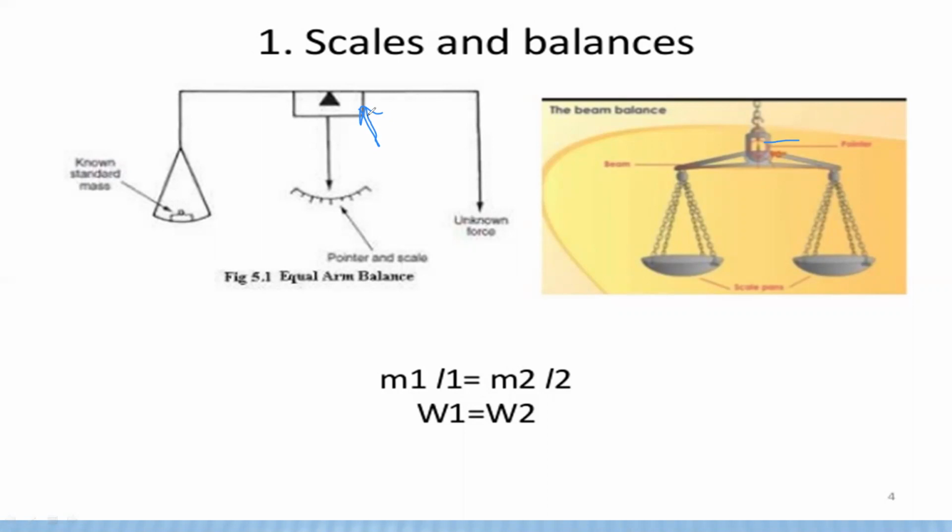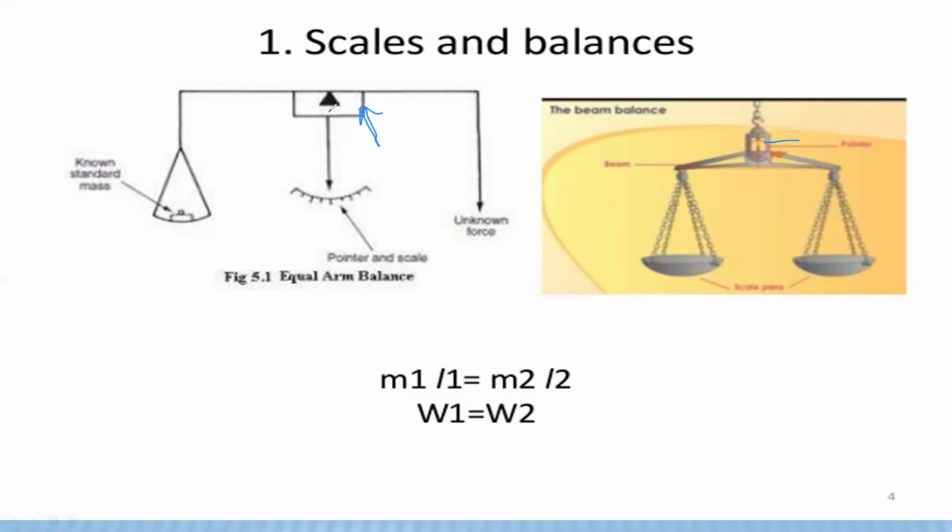You can see attached to the center of the beam is a pointer which points vertically downwards when the beam is in equilibrium. The pointer is placed in the center of the equal arm beam balance. It is pivoted to the fulcrum.